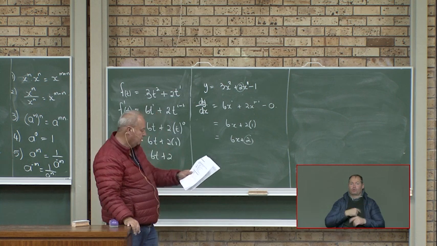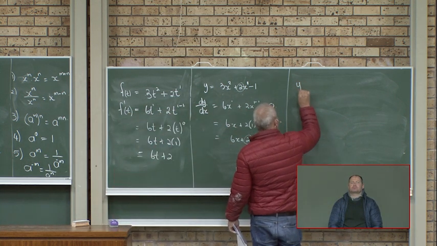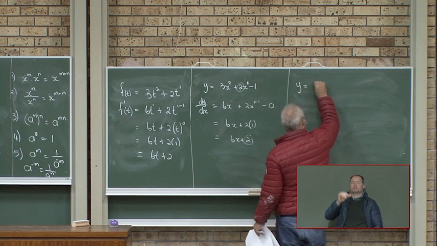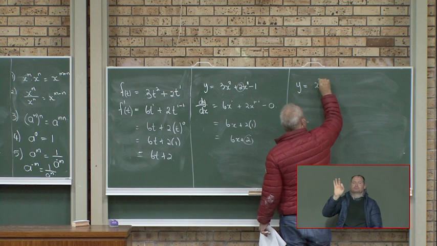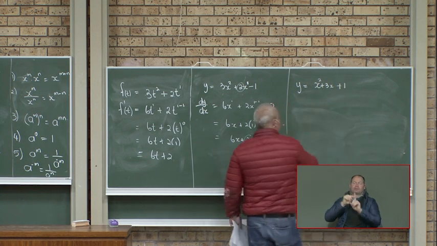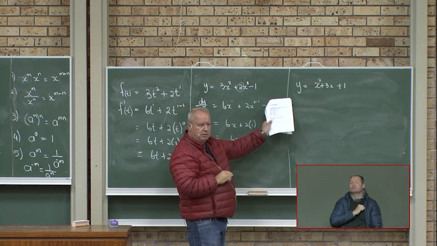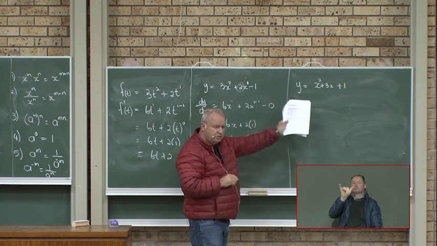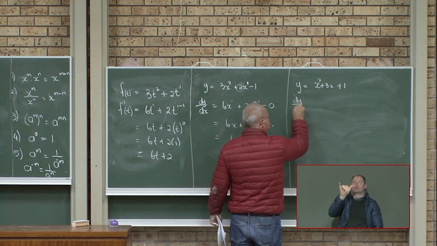Let's quickly have a look. Here we're going to say y is equal to x squared plus 3x plus 1. What notation will we use here? If y is equal to the expression, what's the notation? dy over dx.